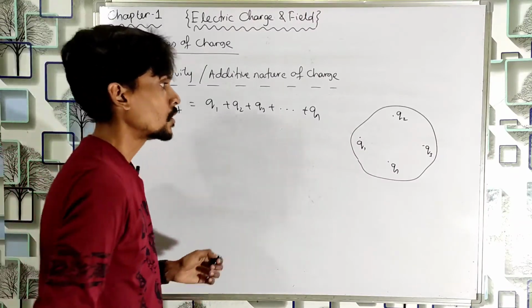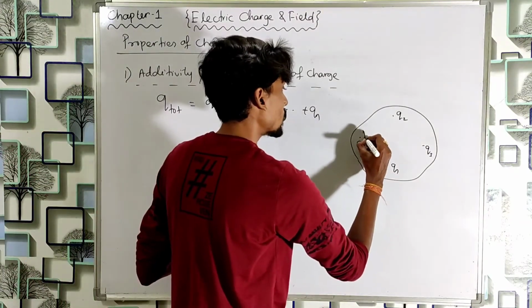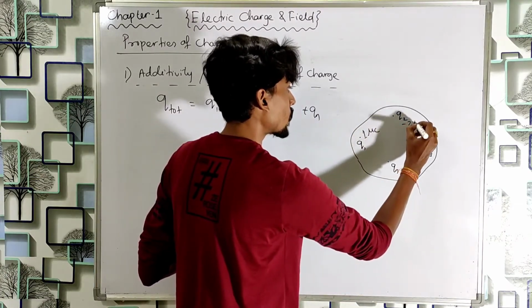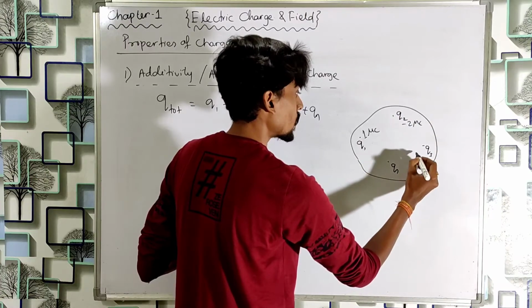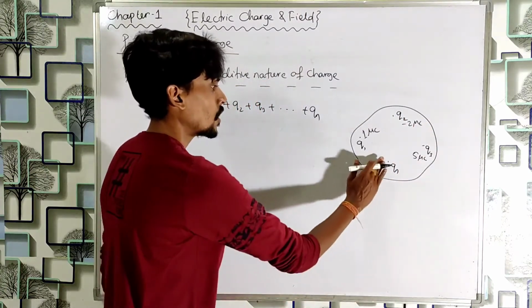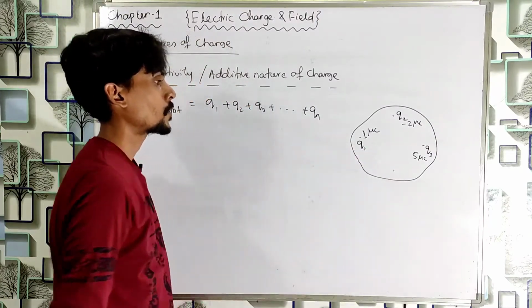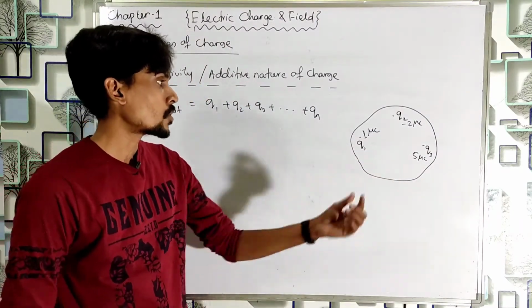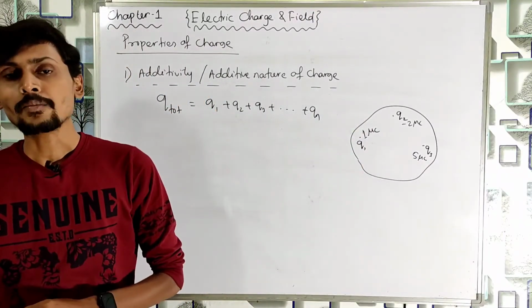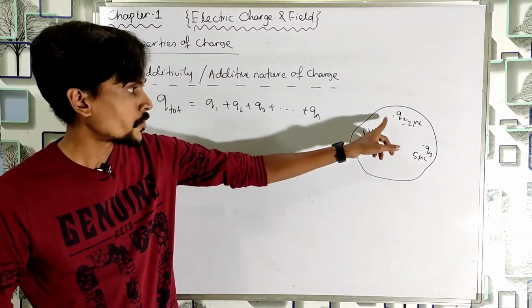For example, the value of Q1 is 1 microcoulomb, the value of Q2 is minus 2 microcoulomb, and the value of Q3 is, let us say, 5 microcoulomb. Suppose in this body we have 3 charges at 3 different locations.